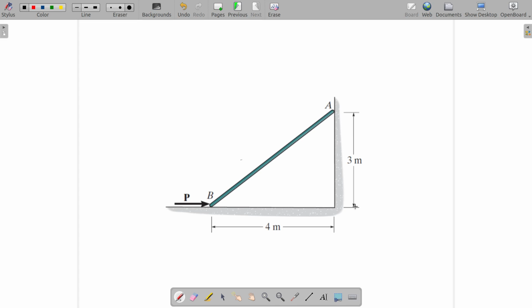So if this is 3 meter and this is 4 meter, this will be 5 meter. And at the center of the rod you have weight of the rod, which will be 30 g, 30 being the mass and 30 g being the total weight, the gravitational force.